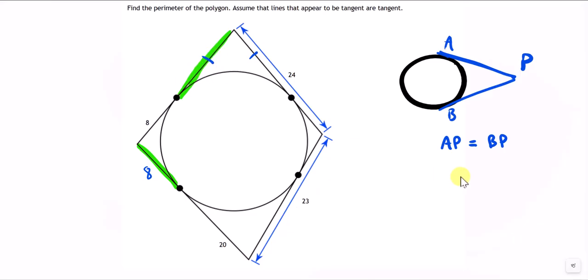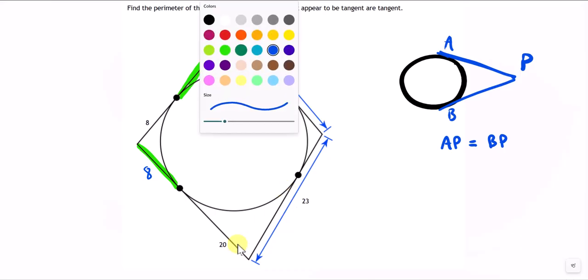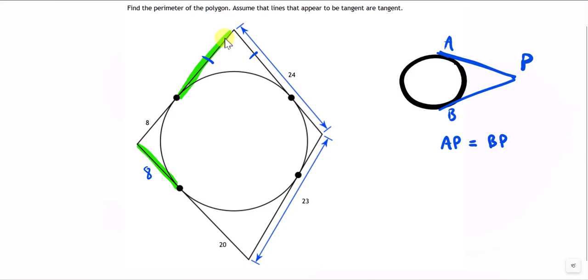Alright. Well, we look down to the bottom. We know that this line and this line, again, the 2 tangent lines, are from an outside point, which is this point. That means we have the value of 20 here. So this side over here must be 20 as well. So let me label that with another color. So 20, right?